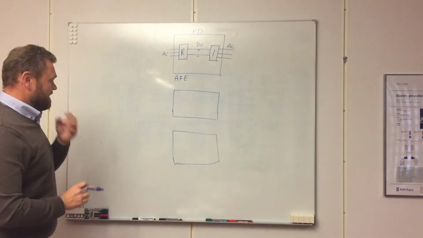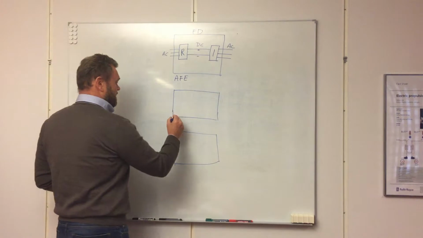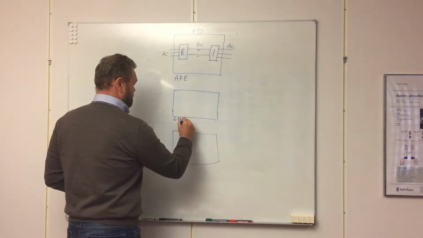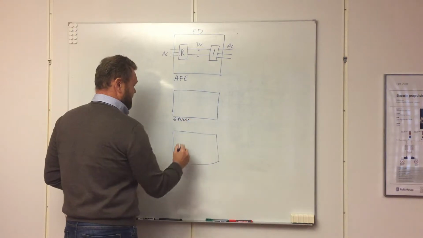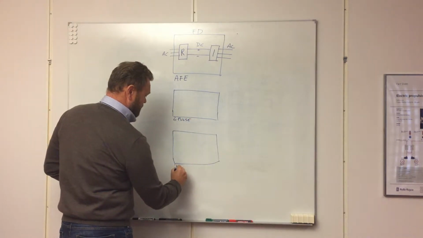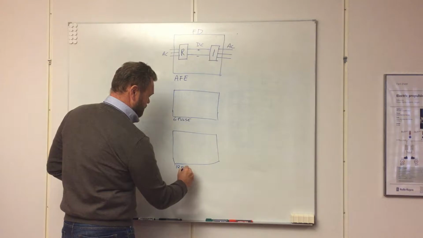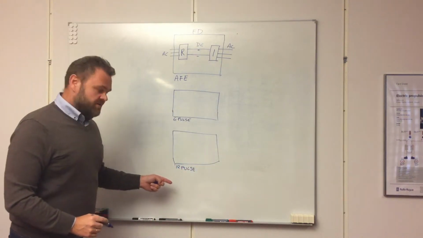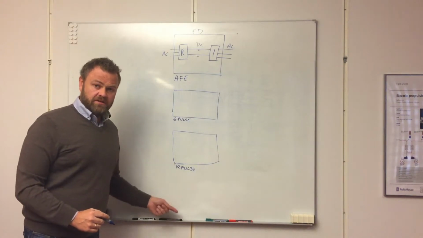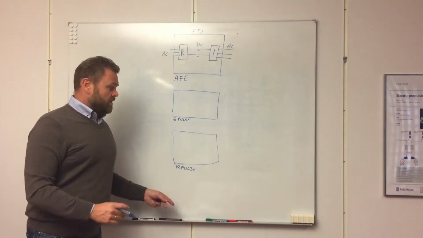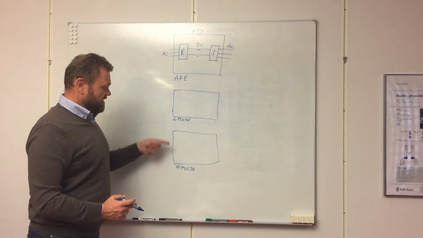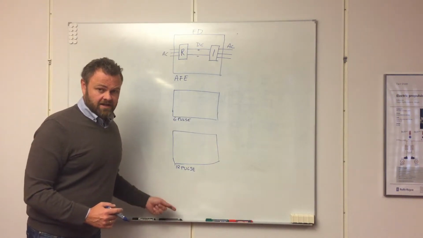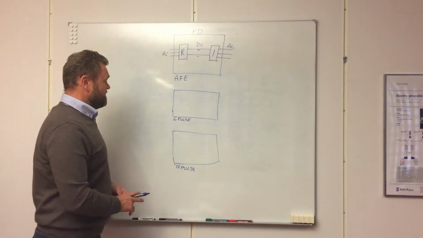Let's say we have here something that is called 6 pulse, and here we have something called 12 pulse. We could add 18 pulse and 24 pulse as well, but I think when you see the logic between these two, you will easily understand the 18 and the 24 pulse solutions as well.